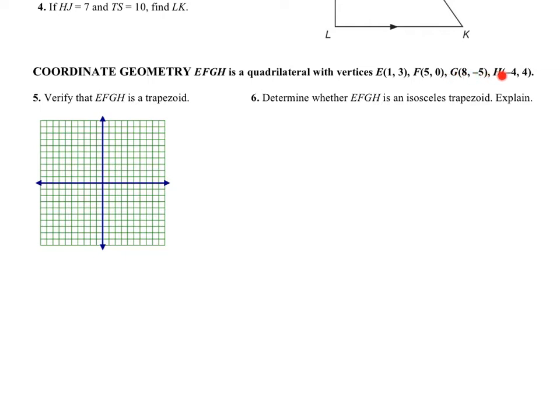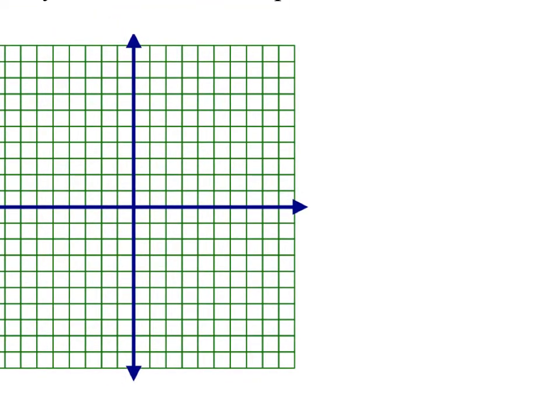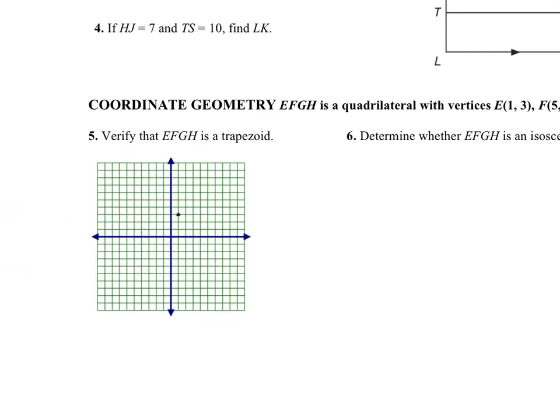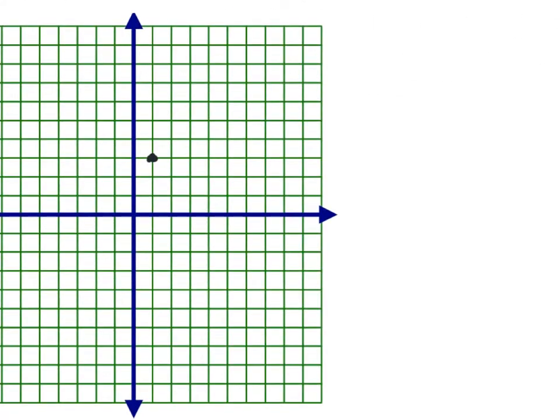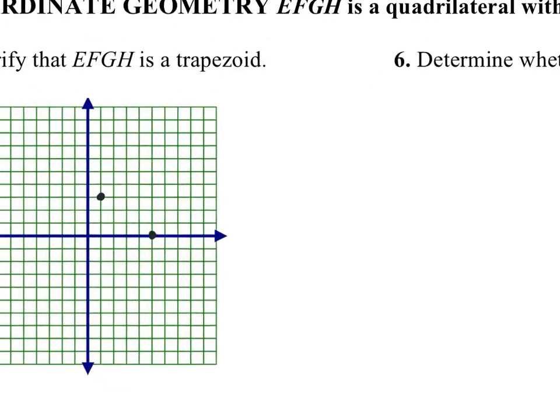Okay, so I'm going to plot these points here. I'm going to plot the points 1, 3, for E. And let's go ahead and plot 5, 0. Then let's plot 8, negative 5.